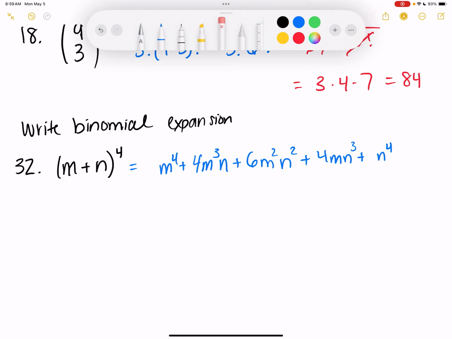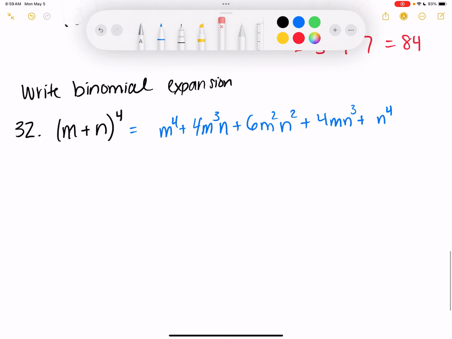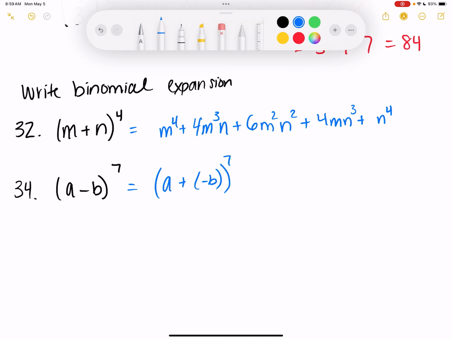If it's negative, then I have to treat that second term as a negative term because it's going to cause signs to change in some cases. So that would mean if I had something like 34, a minus b raised to the 7th, then the way that I'm going to think about this is a plus negative b, and I'm going to put that in parentheses, raised to the 7th like that.